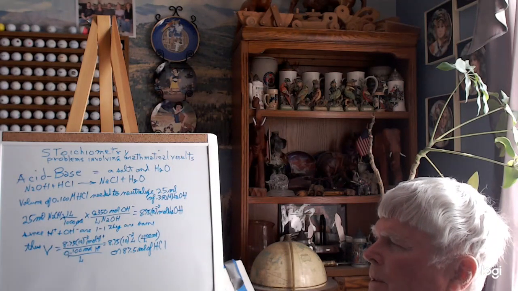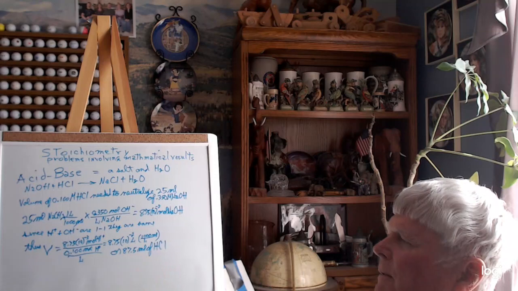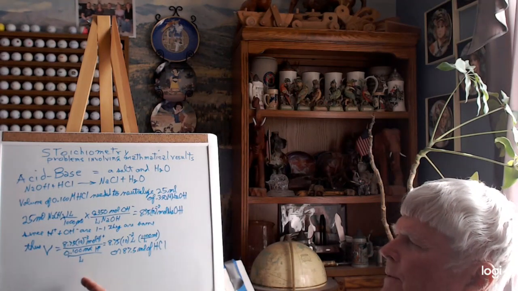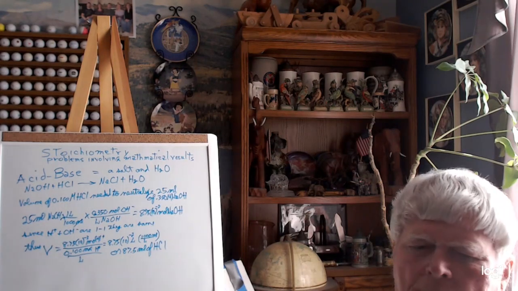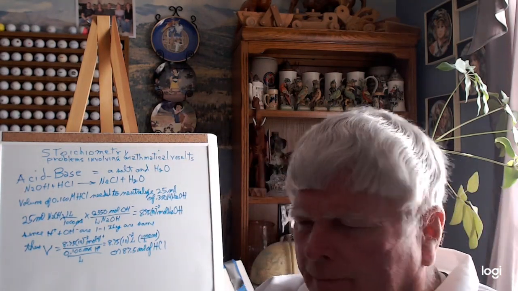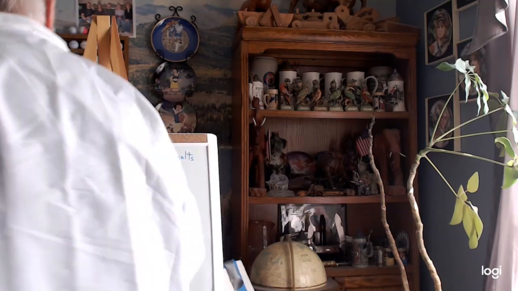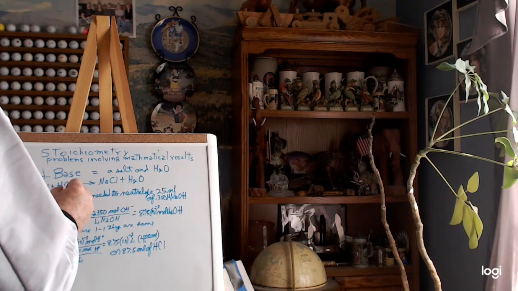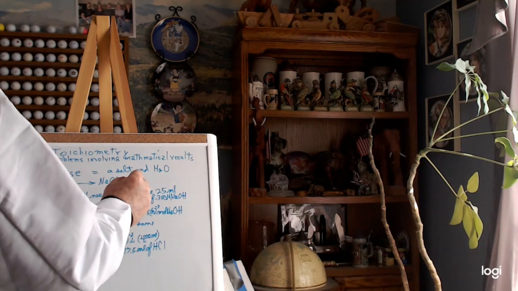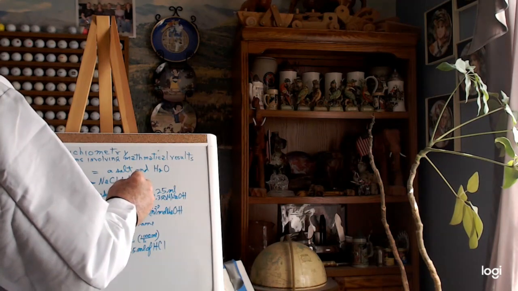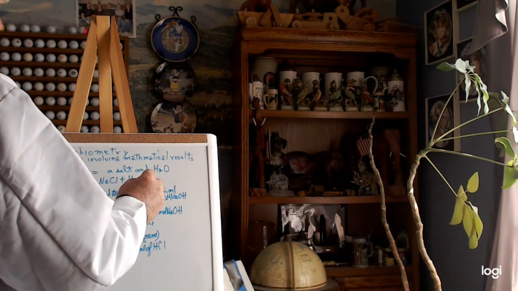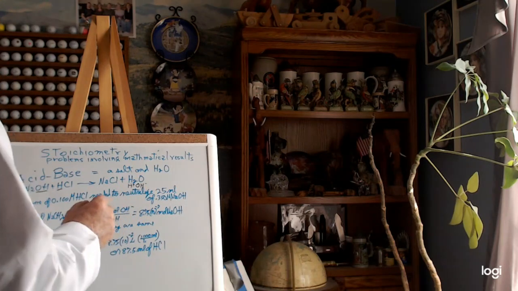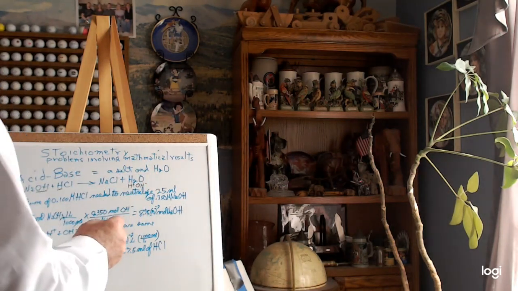Again, the volume is the 8.75 times 10 to the minus third equivalence of hydrogen. Because remember, I'll show you up here on the ions, the hydroxide ion and the hydrogen ion are 1-to-1 to form HOH. And that's where you get your water.